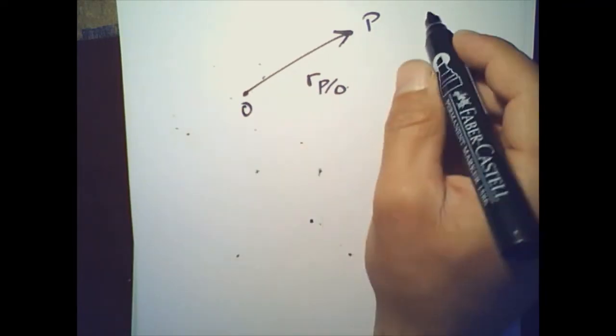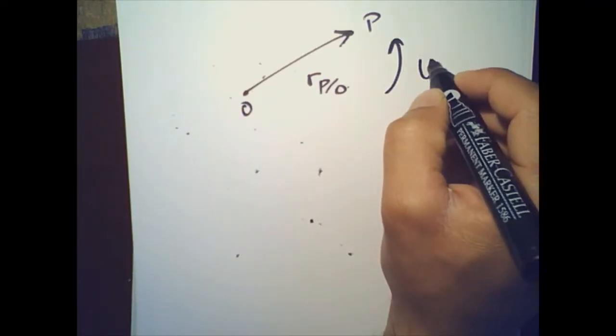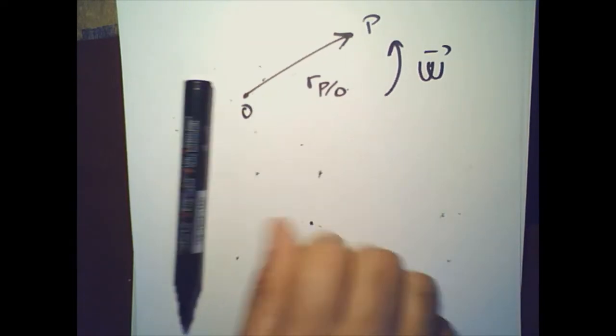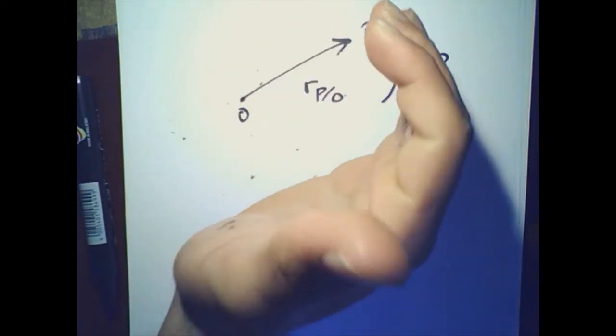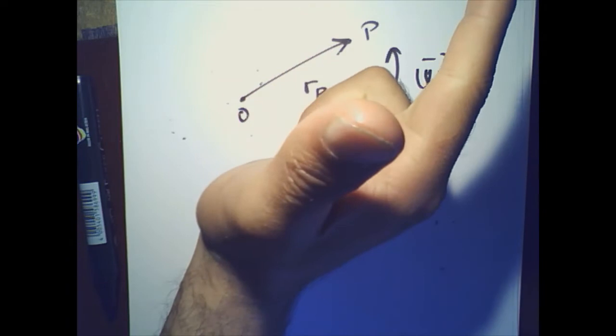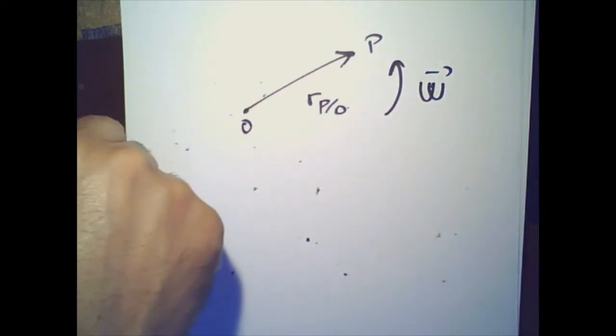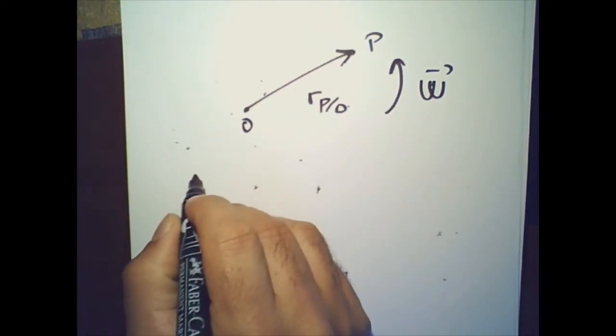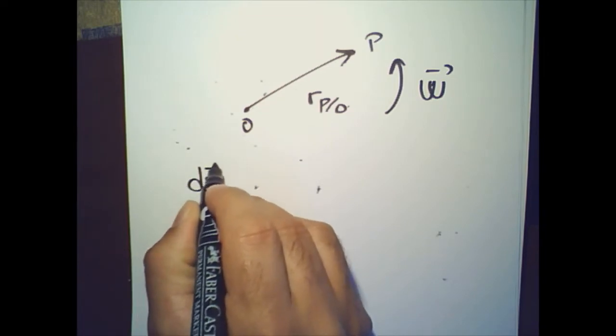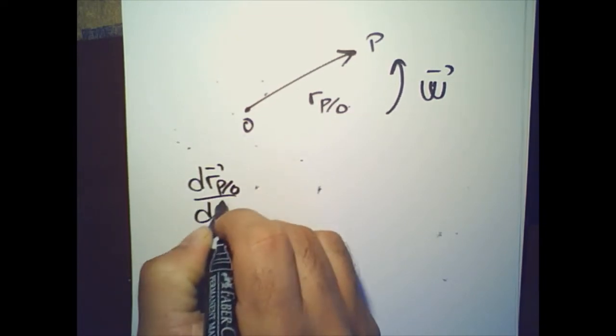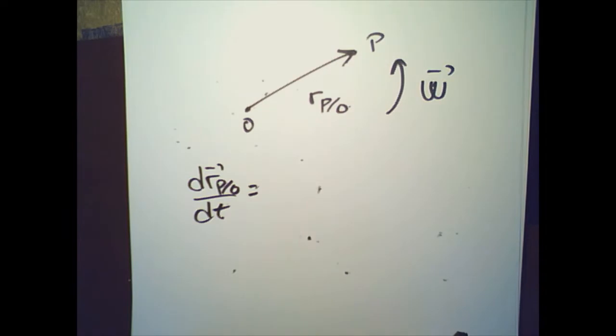So what is drpo/dt? We said this vector could be rotated by an angular velocity omega, and omega obviously is a vector like that, right? As a result of this, this is your omega cross RPO. It's going to give you this direction of the velocity. So d RPO over dt, all right, it's going to be equal to what?